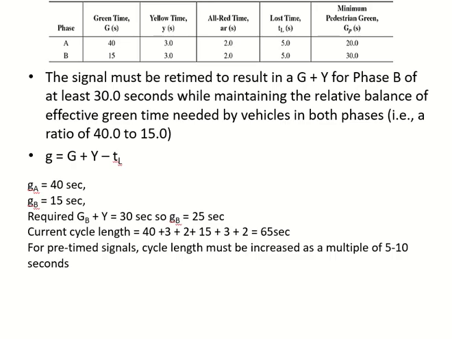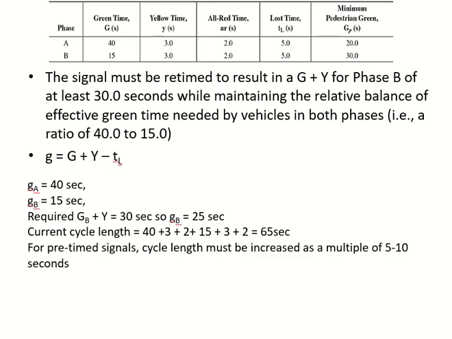Okay, we do not add any yellow or red, even if it was 1 second. Even if it was 1 second, we'll add it in the green time. Okay, I need this total to be equal to 30 seconds. Got it? Okay.